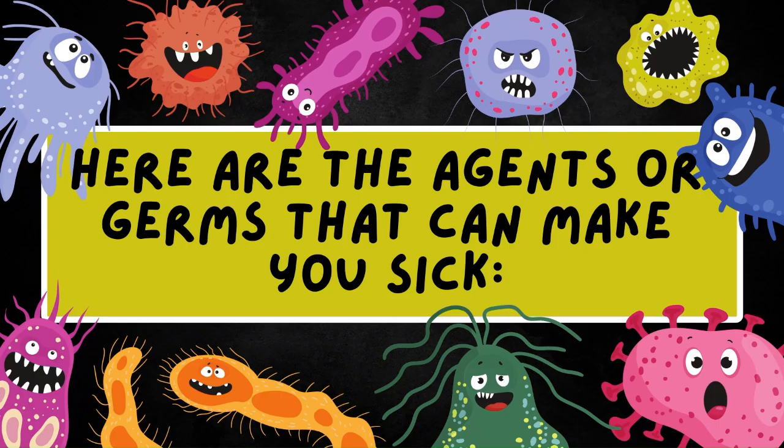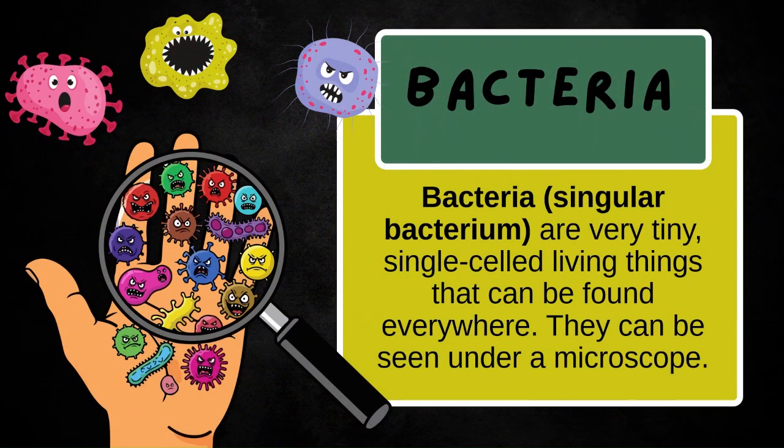Here are the agents or germs that can make you sick. Number one, we have bacteria. Bacteria are single-celled organisms. Some bacteria are good and help our body, but others are harmful and cause diseases.